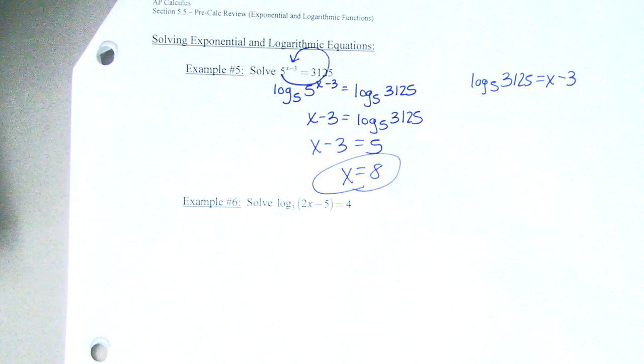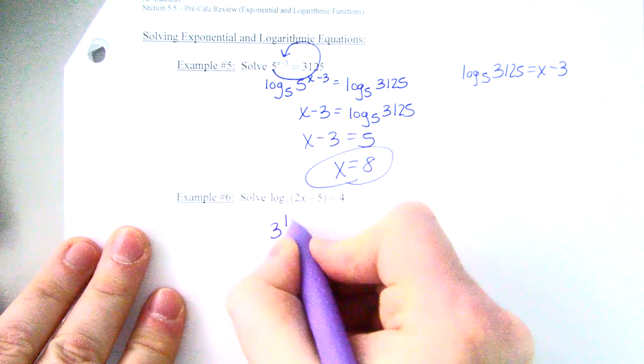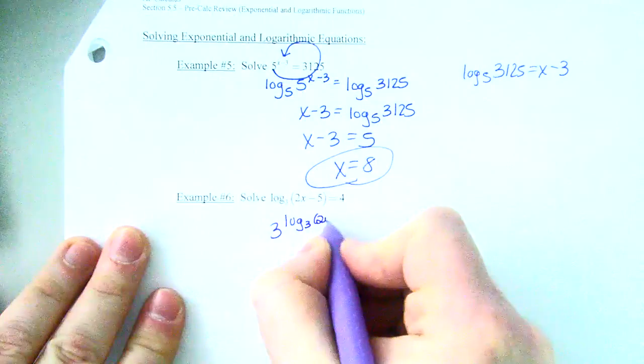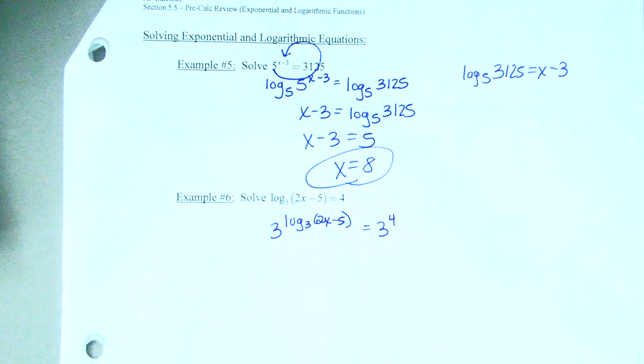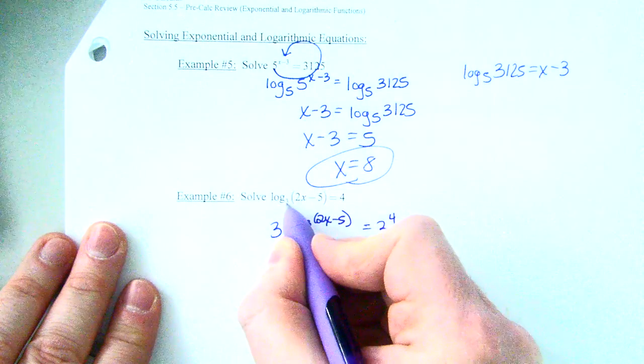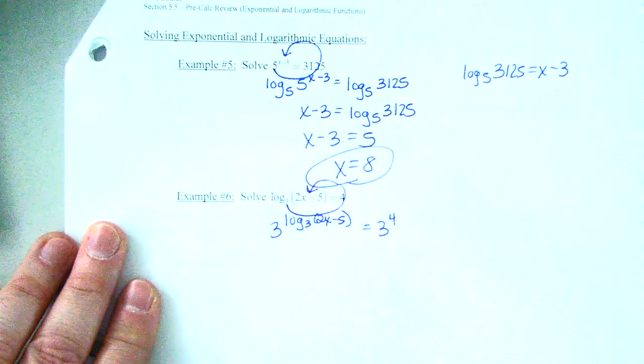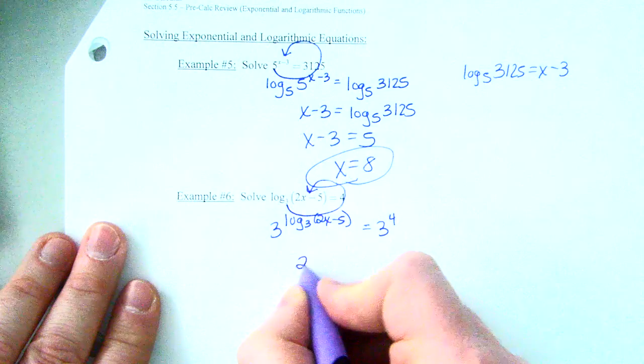Next one. To undo a log base 3, we could do 3 raised to both sides if you want to try to use your inverse properties. If you don't care about using the inverse properties and just want to think like Algebra 2, you could convert to exponential form and just say 3 to the 4th equals the thing inside there.